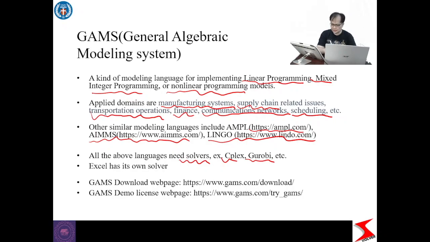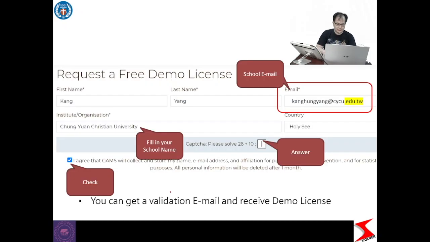Now you can go to the GAMS download page and ask for the demo license. When you request a free demo license, you need to input some personal information like your name and your email. I suggest you use your school email rather than Gmail, Yahoo Mail, or Hotmail, and so on.